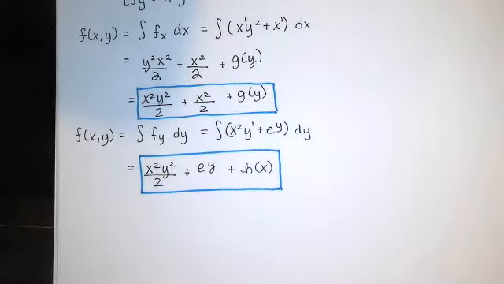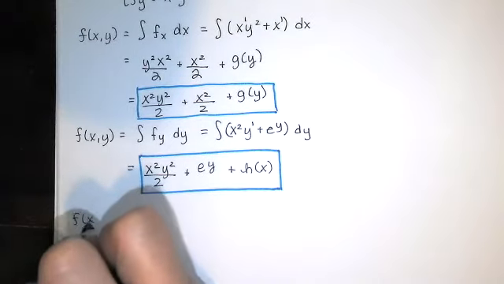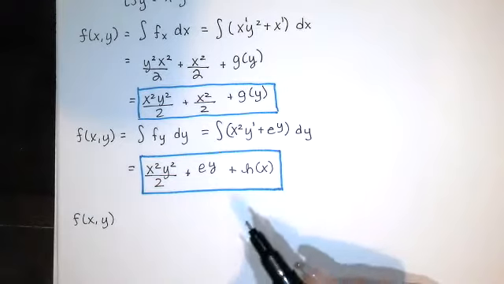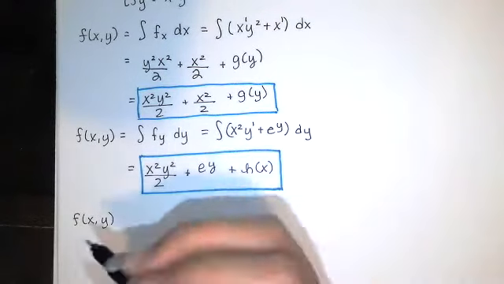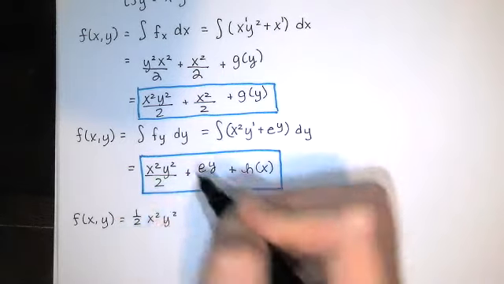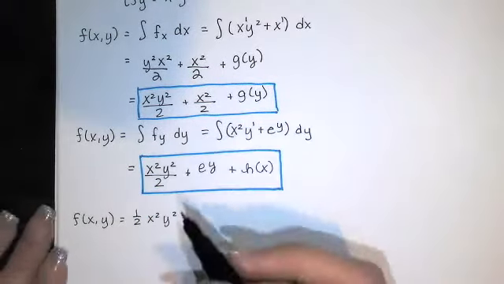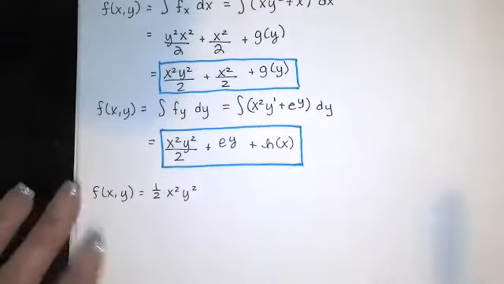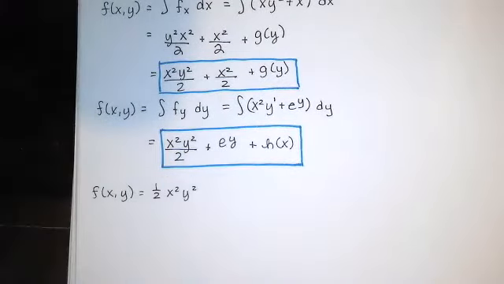So I'm looking at those, and I'm comparing, and the first thing I'm doing is saying, well, what do they both have in common? Well, they both have that x squared y squared over 2, and I don't like that 2 in the denominator, so I'm going to pull it out as a 1/2. So I've got an x squared y squared times 1/2, so that's the same. Now I'm going to focus on the part that looks different.